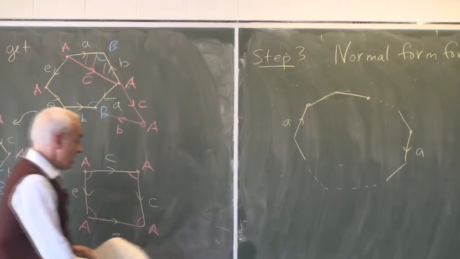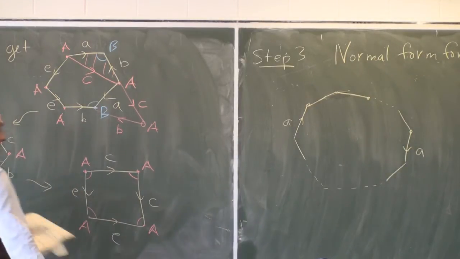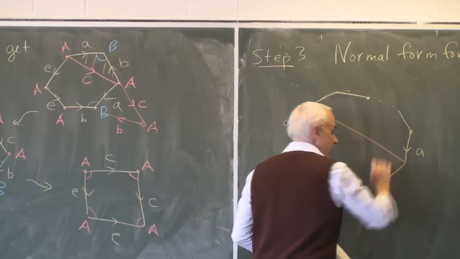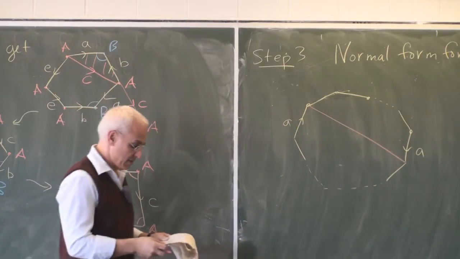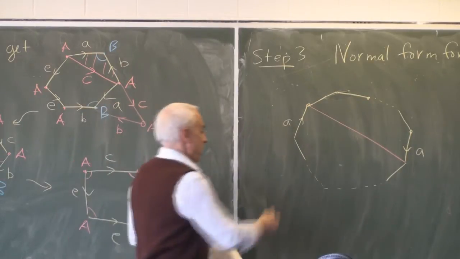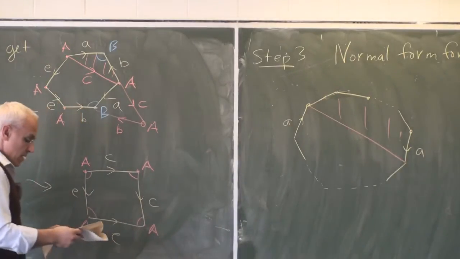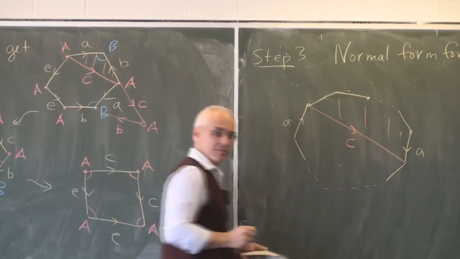So what we are going to do is cut from the top of one A to the top of the other. We're going to cut that piece off. So now we have 2 pieces. And let's say that the new edge that we're creating is called C.